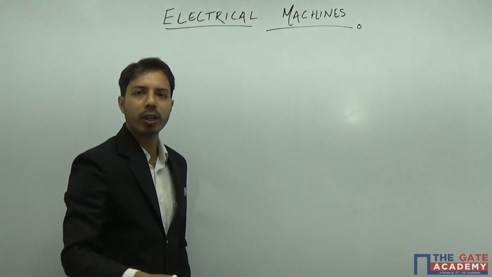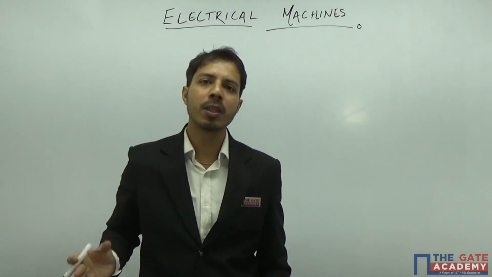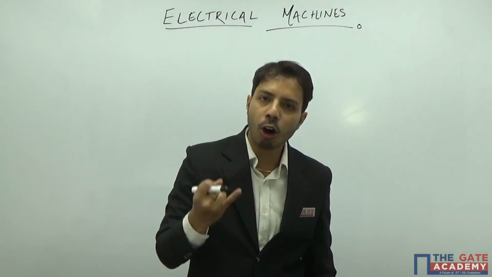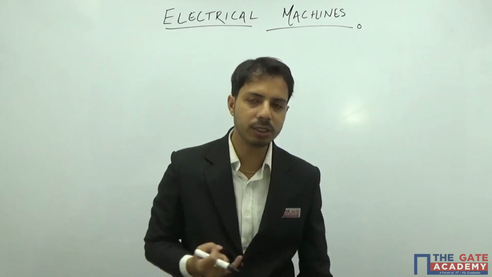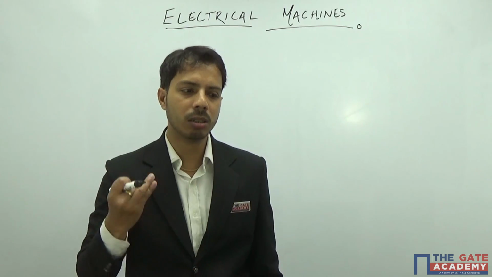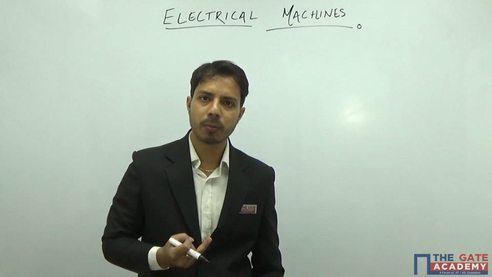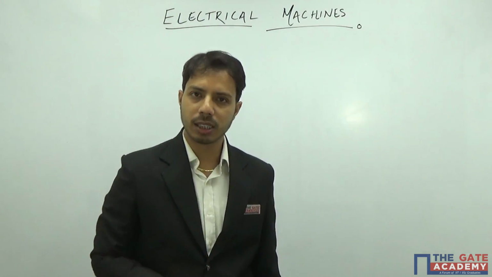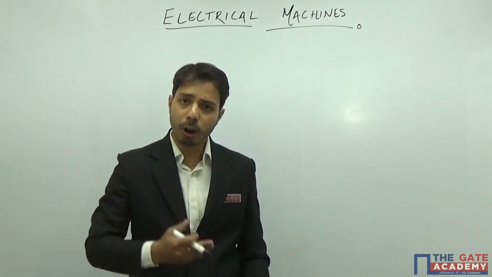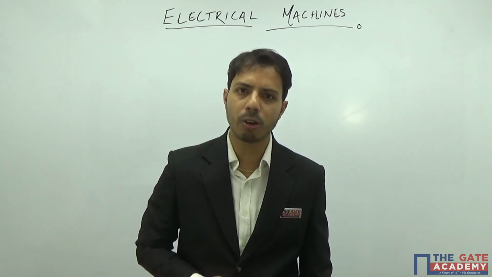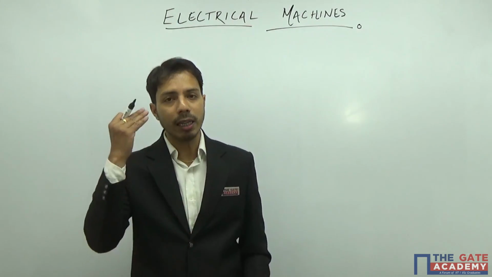Also, we are going to understand the basic laws and the conventions required to understand these machines. For example, the right hand curl rule, Fleming's left hand rule and Fleming's right hand rule. When we talk about the laws, we talk about Ampere's law, Faraday's law, and Lenz's law.